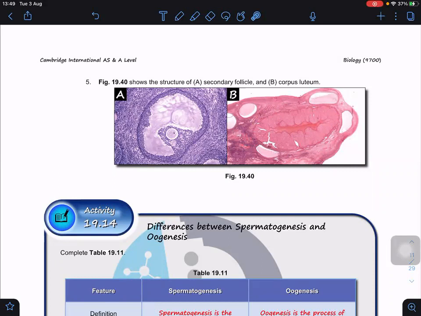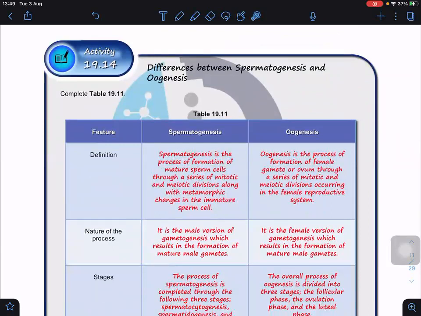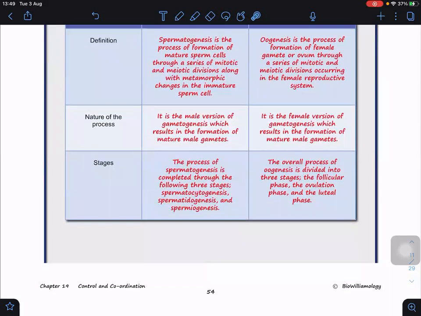Okay. So if you compare spermatogenesis and oogenesis, the definitions are very simple. Spermatogenesis produces sperm cells, and oogenesis produces the secondary oocyte or egg cells in a series of mitotic and meiotic divisions. For the nature of the process, this one is from the male gametes, and this one from the female gametes.